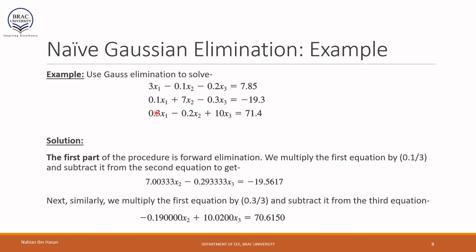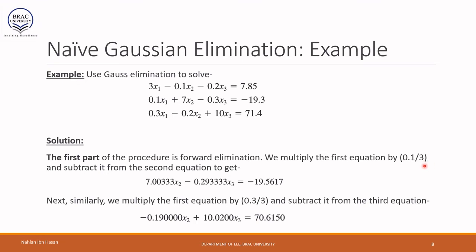Let's get to the third equation. How do we eliminate the 0.3 x1 term? We have to multiply the first equation by 0.3 divided by 3. Just as when eliminating from the second equation, we multiply the first equation by this value.